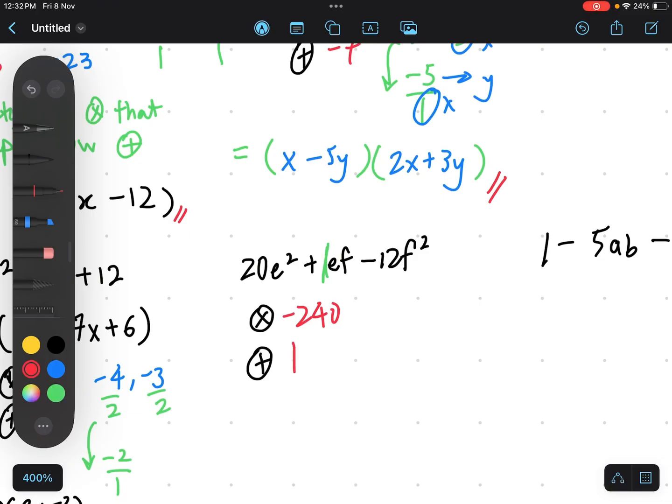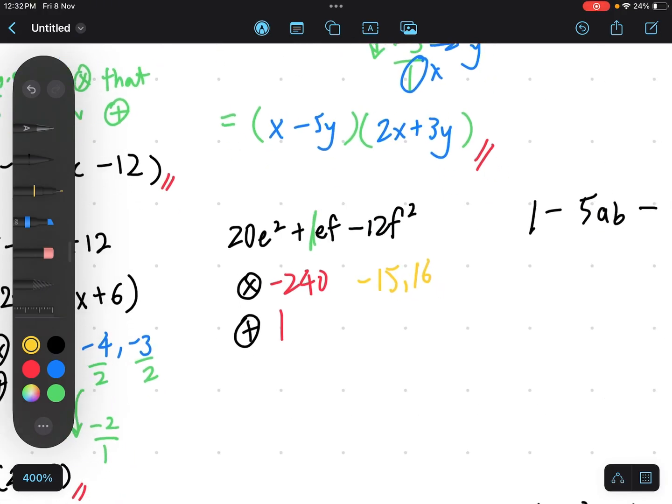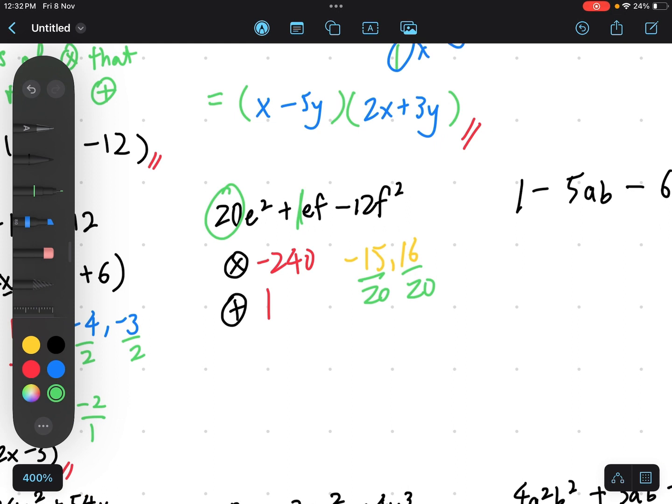This one will be minus 15 times 16, which, let me check, should be correct. Because minus 15 plus 16 is this 1, yep, okay. And then now what we do is we divide it by the a number, which is 20. And we can simplify both, so let's do that. Minus 15 over minus 20, you divide by 5. And here you divide it by 4.